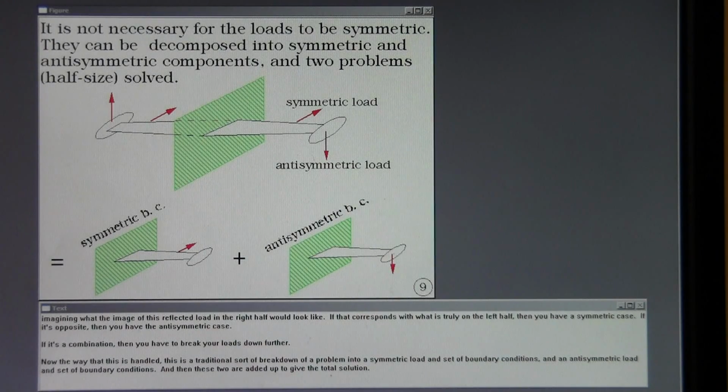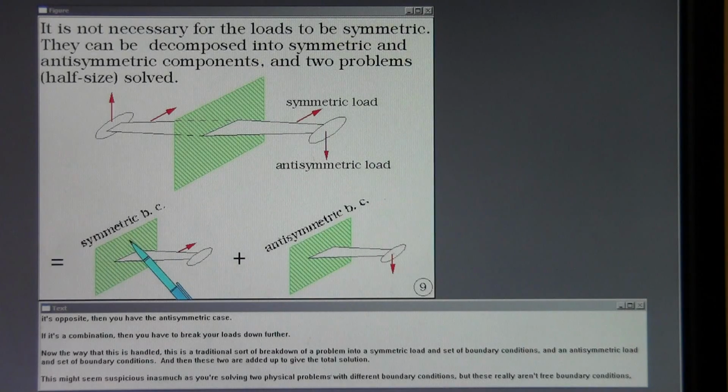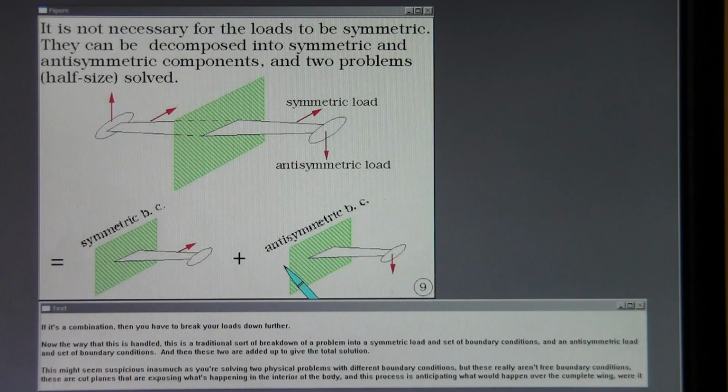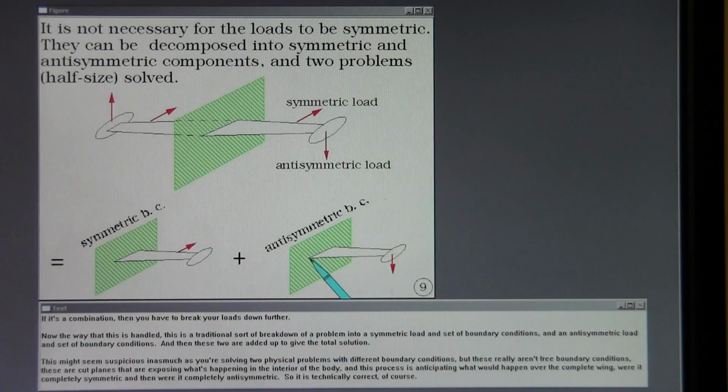Now, this is a traditional sort of breakdown of a problem into a symmetric load and set of boundary conditions and an antisymmetric load and set of boundary conditions. And then these two are added up to give the total solution. This might seem suspicious inasmuch as you're solving two physical problems with different boundary conditions, but these really aren't free boundary conditions.